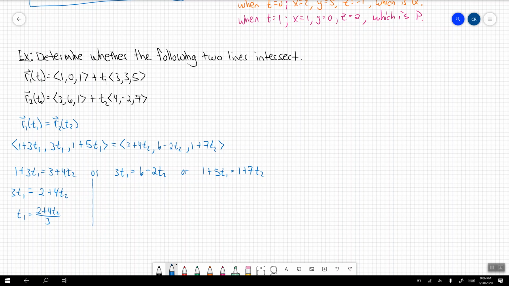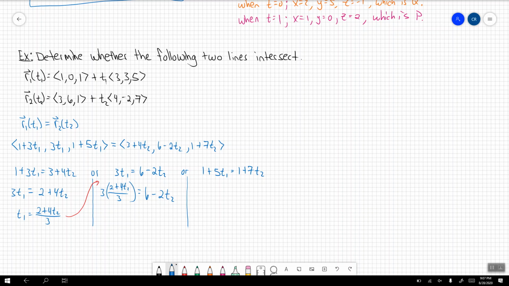Okay, next one. I'm going to solve the second equation. For the second equation, I want to insert what I just found. Or in other words, I want to use substitution. So making that substitution, I'm now going to get 3 times t sub 1, but t sub 1 is this 2 plus 4t sub 2 divided by 3, and that equals 6 minus 2t sub 2.